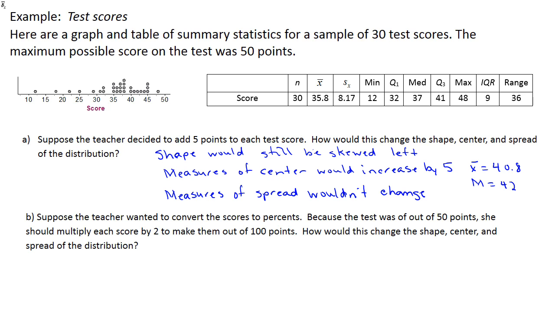What if the teacher decided that she wanted to convert her test scores to percents? And since the test scores are out of 50 points, she just needs to see what those same test scores would be out of 100 points. So she would need to multiply all the scores by 2. So what would that do to the shape, the center, and the spread? So the shape, it would still be skewed left.